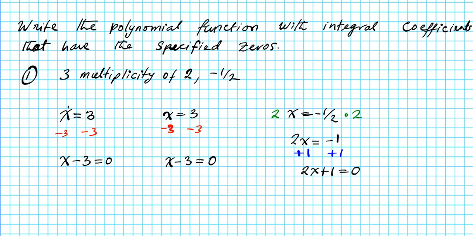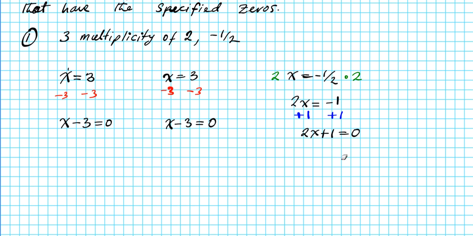Now we are going to proceed to use the reverse of the zero product property. So what does that enable us to do? We can express the product of the left side of each equation equal to 0.